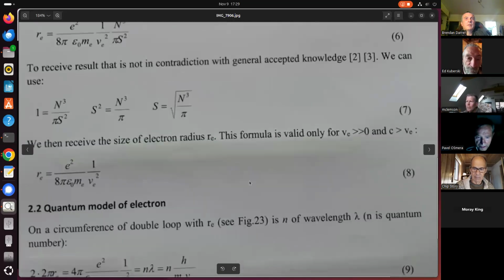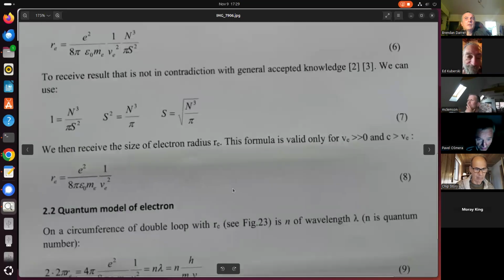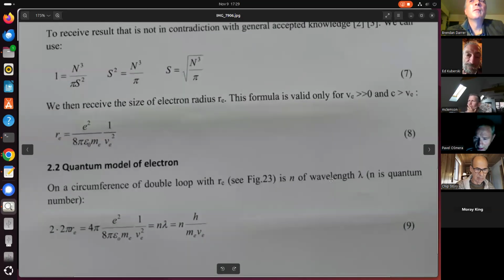Equation 8 is a very important formula that we can use in the next calculation. It is very easy to find, and the results will be used in the next calculation, for example the equation 9.